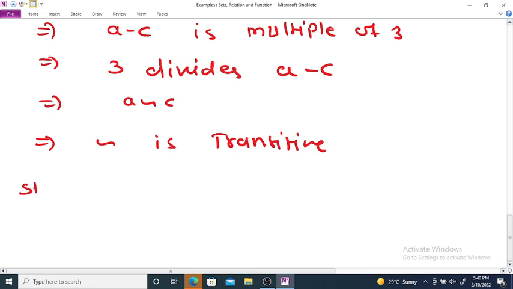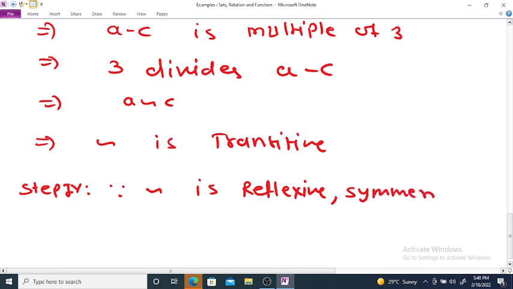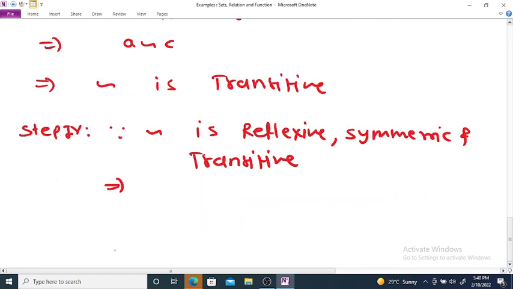Now step number 4: since the given relation is reflexive, symmetric and transitive, the given relation is an equivalence relation.